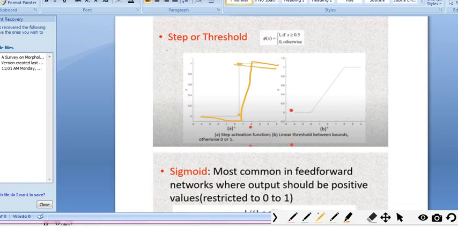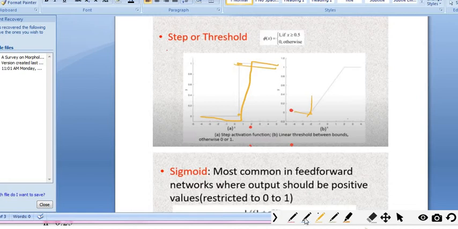This is the step activation function, a threshold bound between 0 and 1. Please remember, the value of the step or threshold function varies from 0 to 1. Initially the value will be 0 for some time, and at a particular point it suddenly increases to 1 and then remains the same.